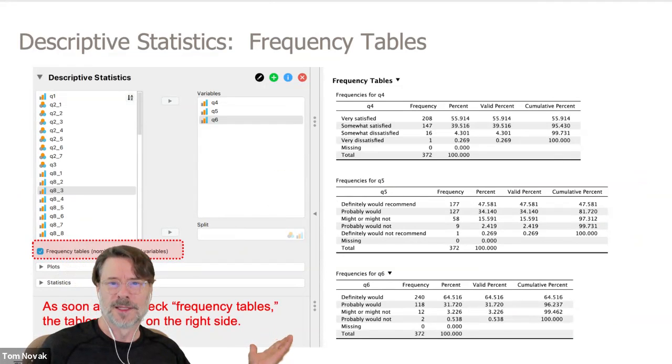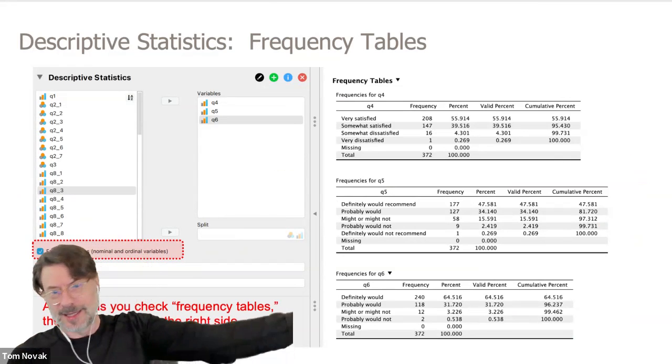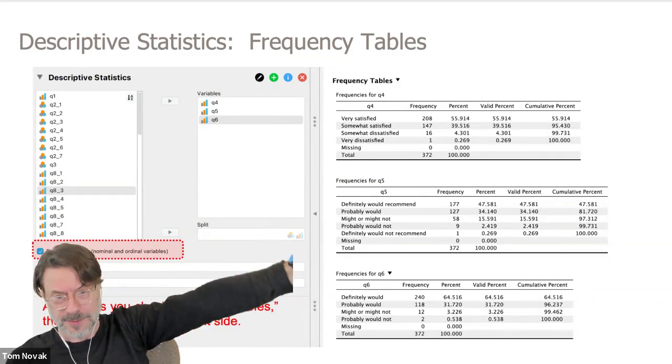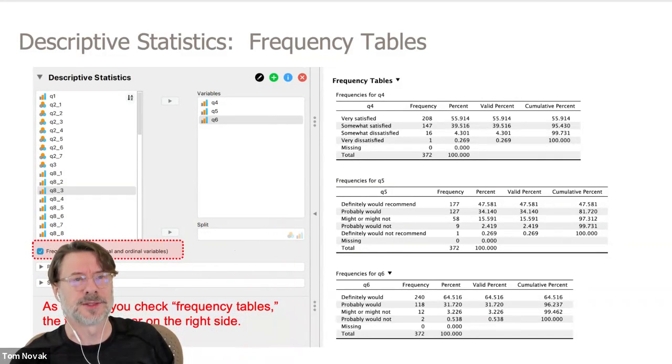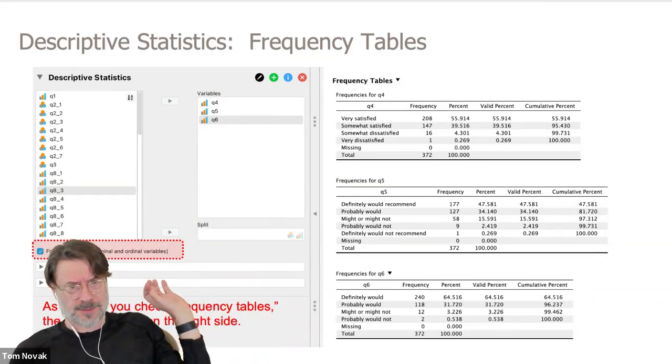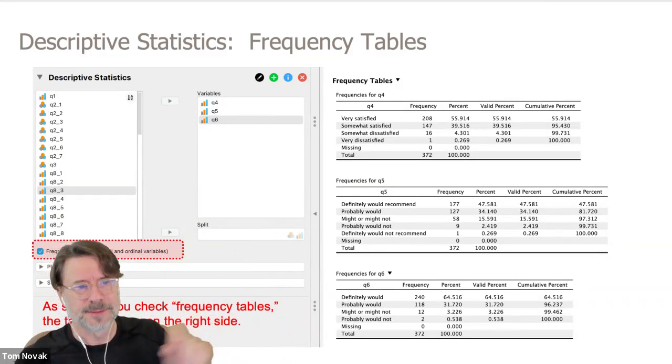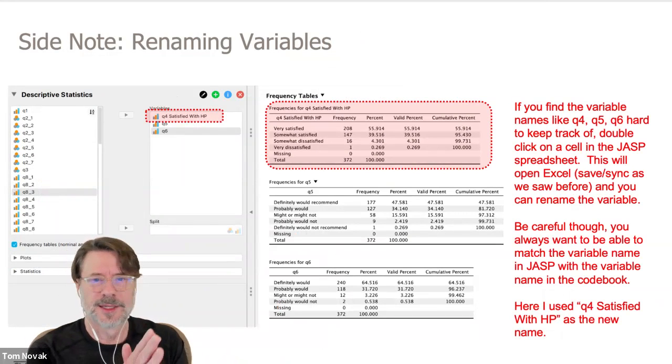Question 4, 56% are very satisfied, 39.5% are somewhat satisfied, and hardly anyone is anything other than those two categories. And it's pretty much the same for all three of these. So there's a lot of satisfaction. People are going to recommend it, and they definitely would buy it again. Okay, so that's the descriptives.